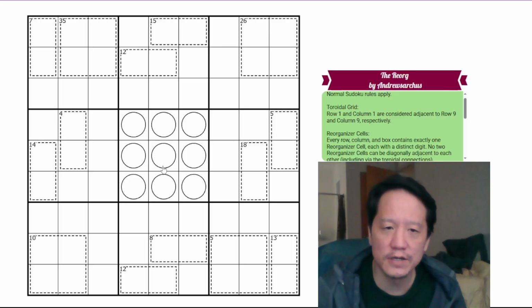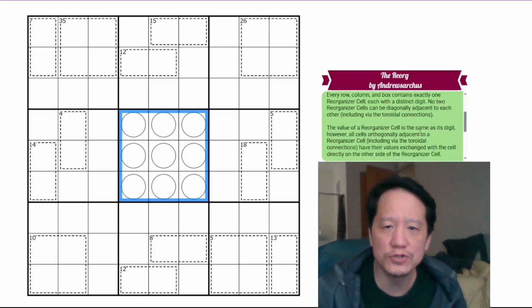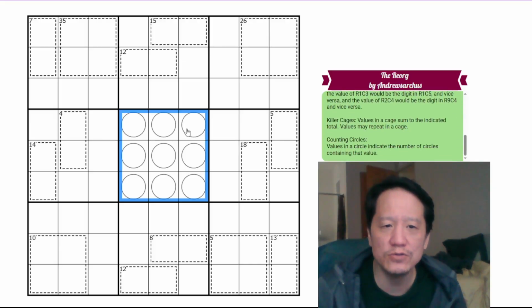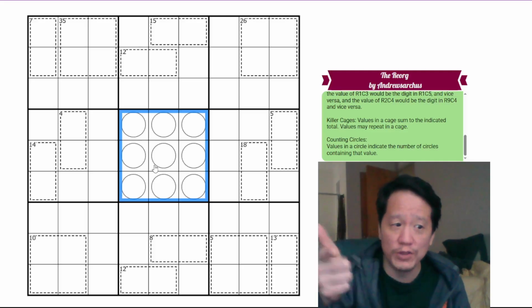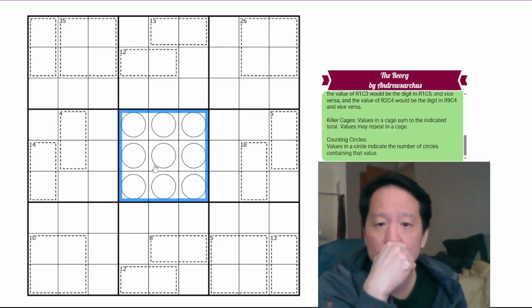Let's go. Okay, this is interesting. That means we have 9 circles. So the values of these circles have to be either 1, 2, 6, or 1, 3, 5, or 2, 3, 4.